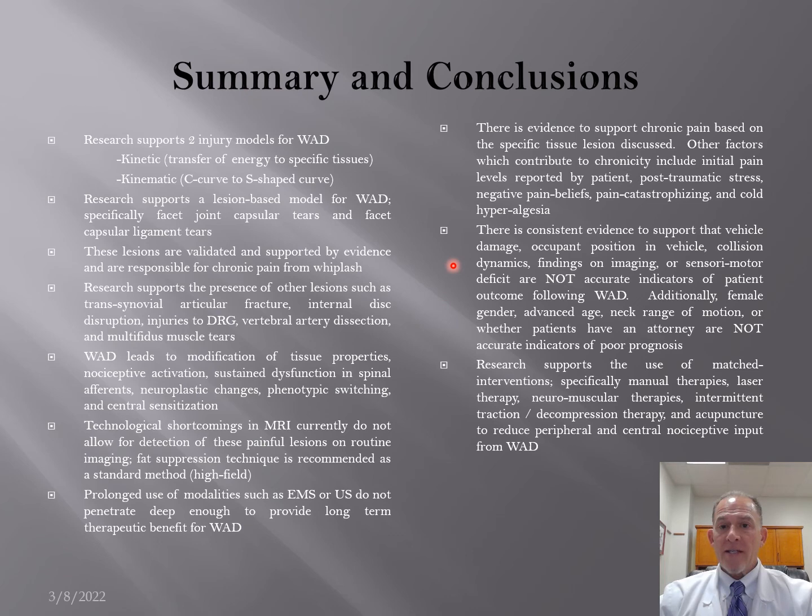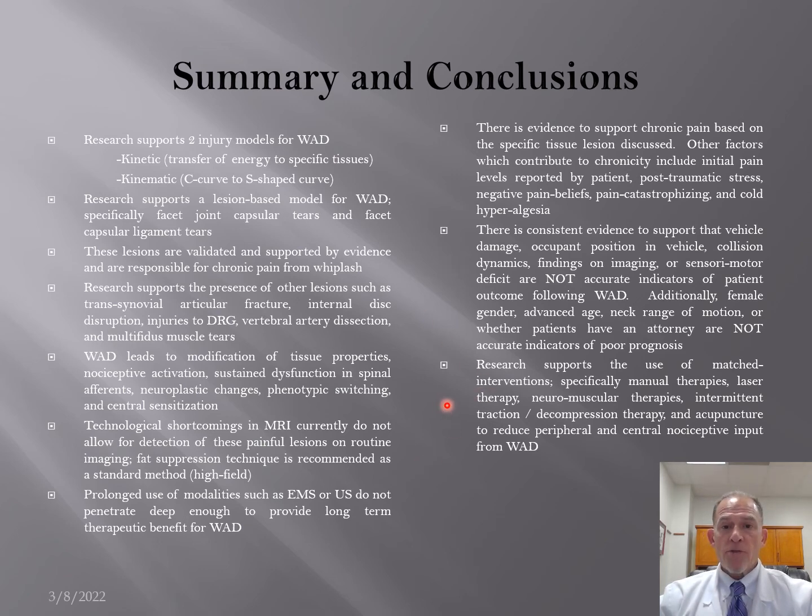There's consistent evidence to support that vehicle damage, occupant position in the vehicle, collision dynamics, findings on imaging, or sensory motor deficits are not accurate indicators of patient outcome following whiplash. Additionally, female gender, advanced age, neck range of motion, or whether patients have an attorney are also not accurate indicators of poor outcome.